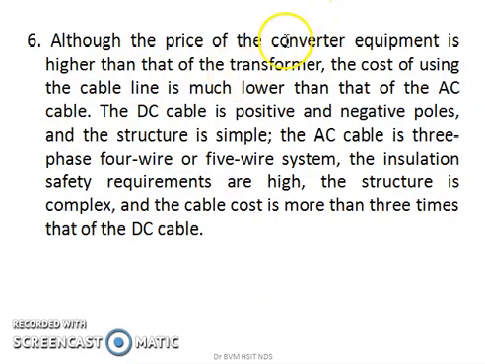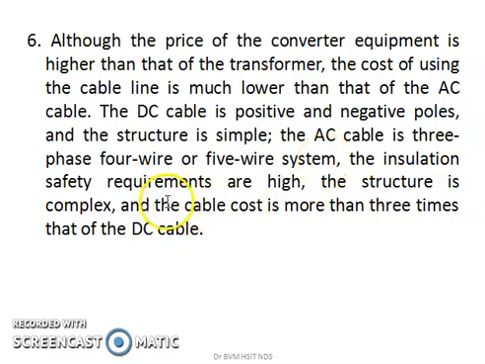Although the price of the converter equipment is higher than that of a transformer, the cost of using the cable line is much lower than that of an AC cable. The cost involved in DC is less as compared to that of your AC cable. The DC cable has positive and negative poles, and the structure is simple. The AC cable is a 3-phase, 4-wire or 5-wire system.